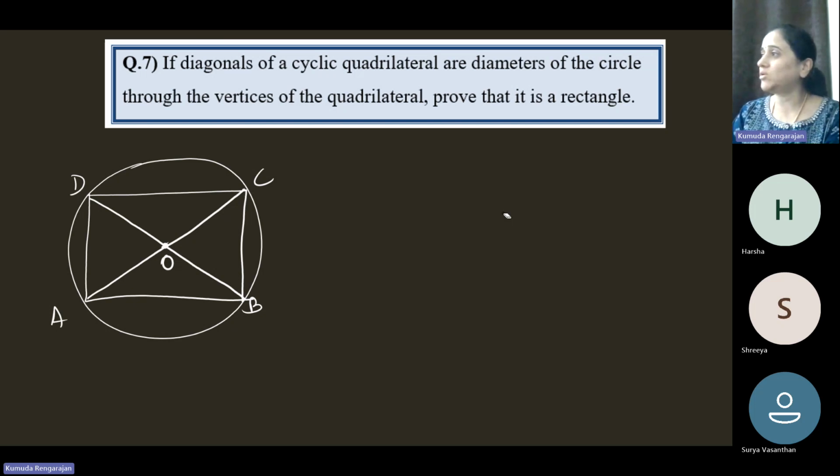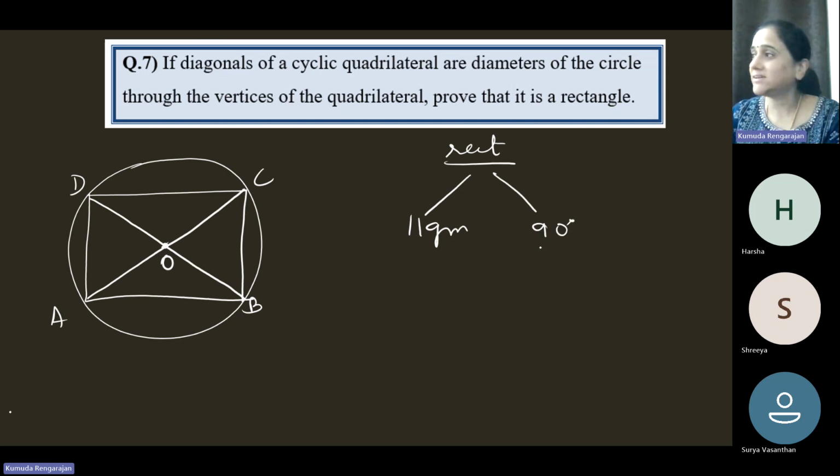A parallelogram in which one angle is a right angle. So we need to first prove that ABCD is a parallelogram and then prove one angle of this parallelogram is 90, and hence it's a rectangle.